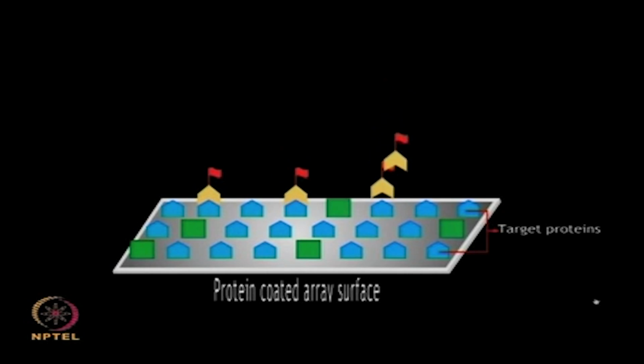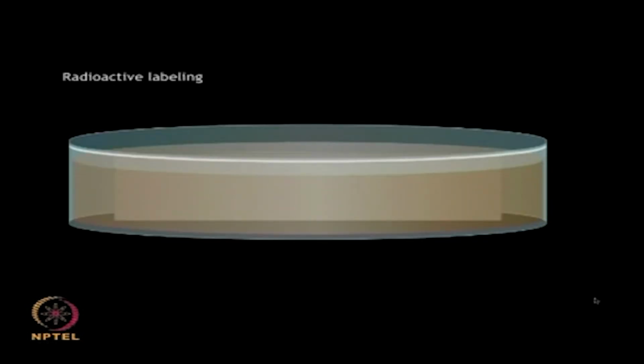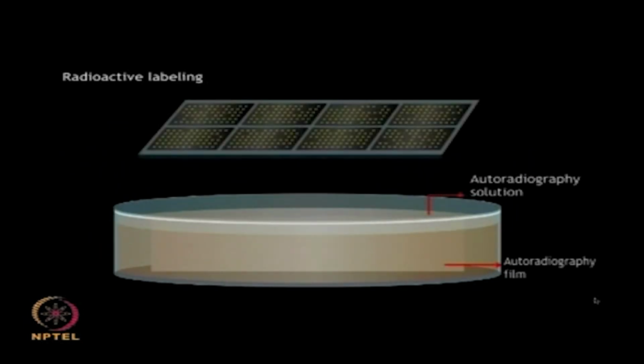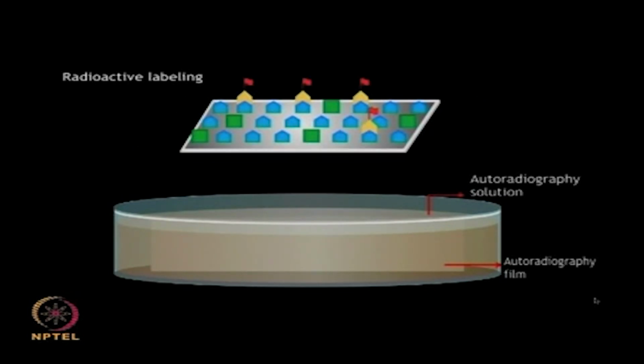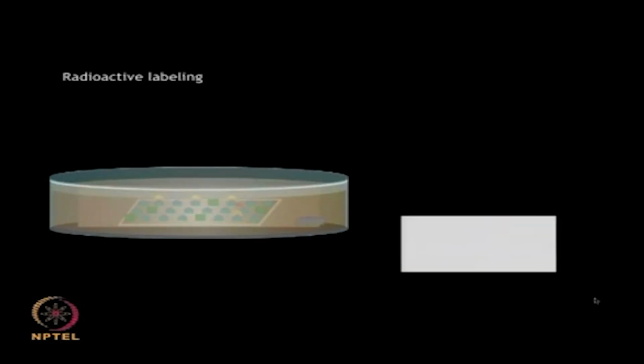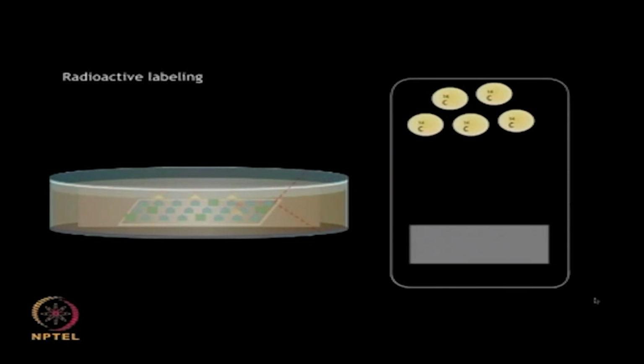Once binding has occurred, the excess unbound query protein is washed off the surface. The washed off array surface is then developed in an autoradiography solution. Beta emissions from the radioactive carbon atoms of the query protein strike the photographic film on which the final image is then developed.